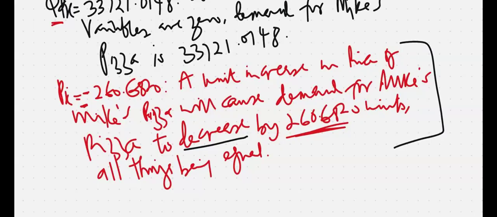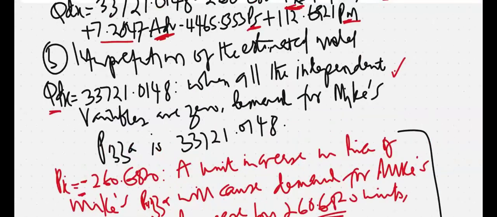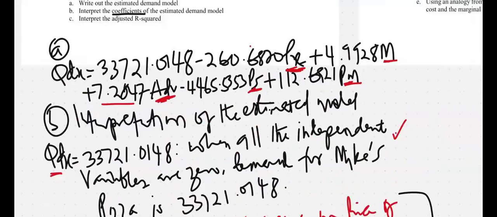for Mike's Pizza. So basically, the interpretation is such that we are going to pick each of the variables and see how they have an effect on demand. From the demand equation model I've written at the top, we want to see how each of the parameters, the intercept parameter, the price parameter, the consumer's income parameter, and the advertising parameter, impact demand when they vary, when they increase or decrease.